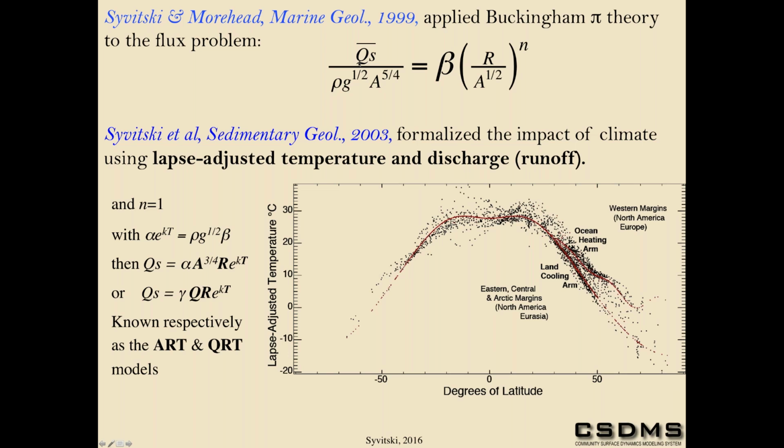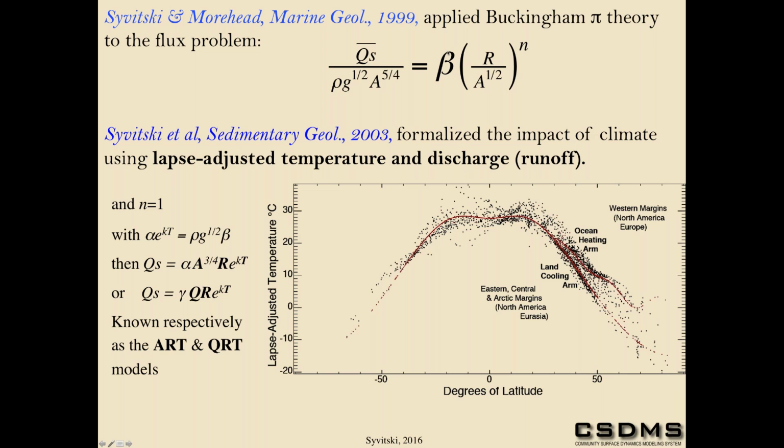We came up with what could be considered a hydraulic sediment yield in the first part of the equation, with these parameters: sediment load, drainage area, gravity, and density of the water. And you can see that it relates to some potential energy, which is relief divided by area to the 1/2.